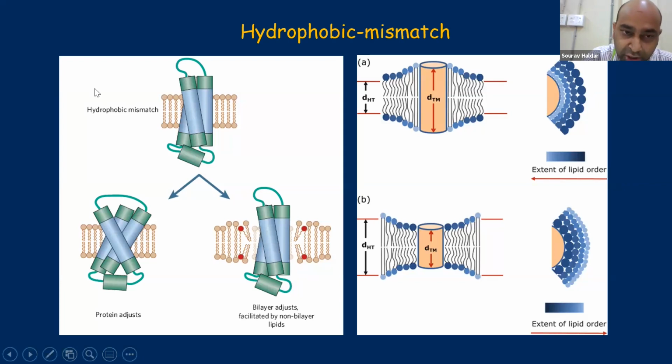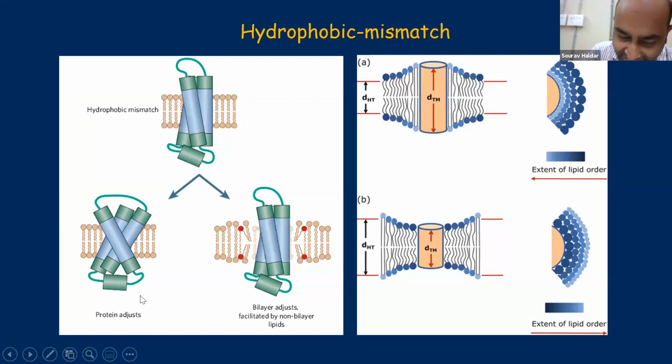So a lot of hydrophobic mismatch data has been obtained using gramicidin as a model system, right? Now, as I mentioned, two situations can arise where the hydrophobic thickness is smaller than the transmembrane thickness, or the hydrophobic thickness is actually more than the hydrophobic thickness of the transmembrane protein.